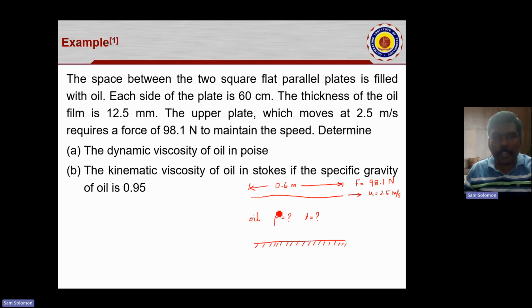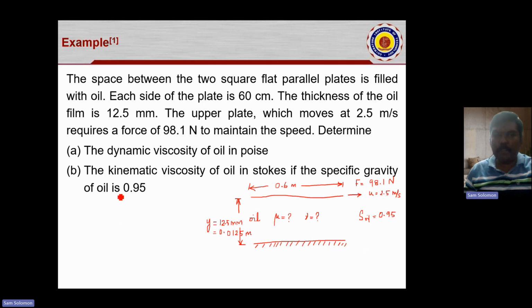And the thickness of the oil film is given as Y, which is 12.5 mm. So we can write this as 0.0125 meters. Okay, so these are the values that are given, and the specific gravity of oil is given as 0.95. So these are the details that are given to us.